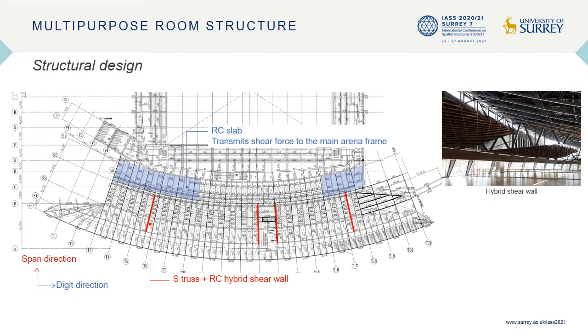This figure shows the concept of seismic force burden. In the span direction, the seismic force is borne by the S-truss plus RC hybrid shear wall located at the boundary wall of the multipurpose room. And in the girder direction, the seismic force is borne by the RC shear wall on the arena side connected through the third floor slab.